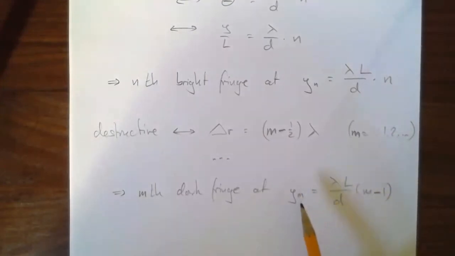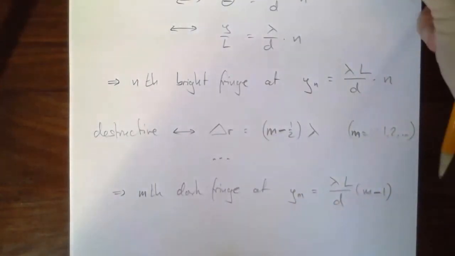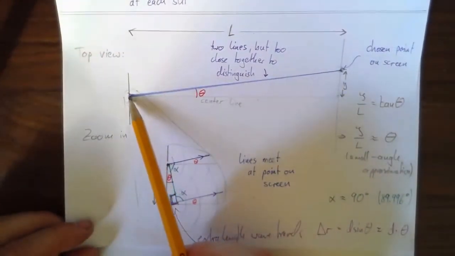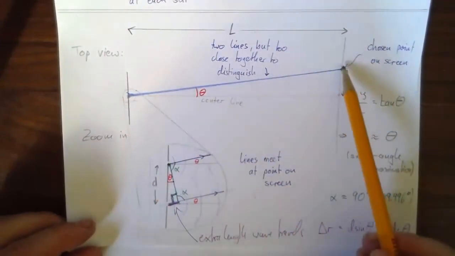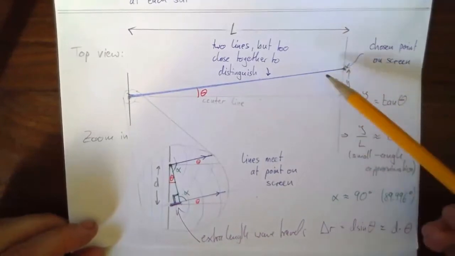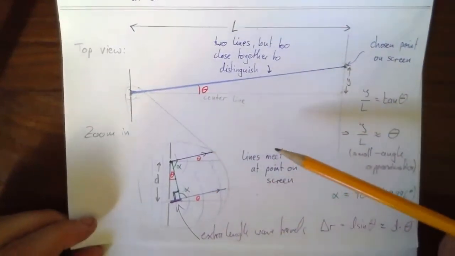Those are the conditions. Let me re-emphasize this: it is just a matter of calculating the difference in the path length from each source to the point, just the same as you did, say, with the interference of sound using two speakers.